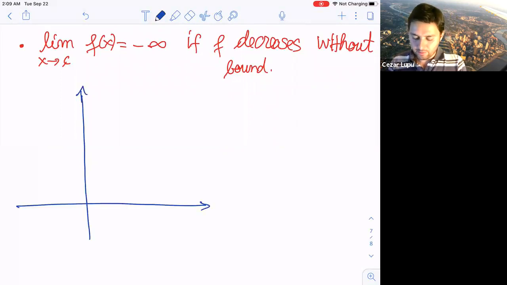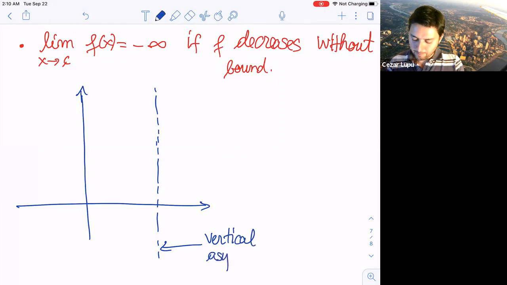So let's suppose we have something like this. So here I have, this will be a vertical asymptote. This guy is a vertical asymptote. Right? Let's say c, and the function will go like this.